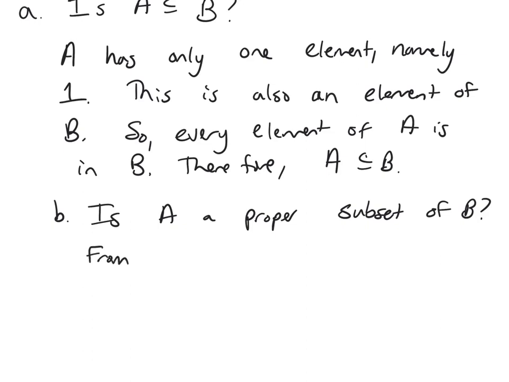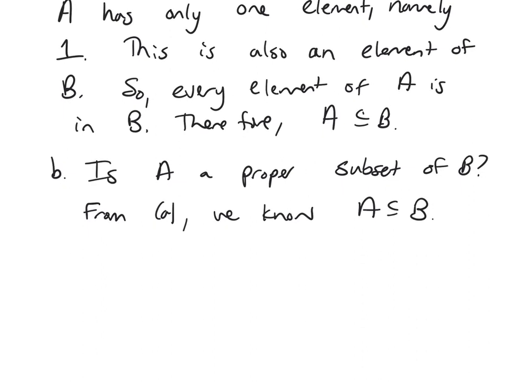From above, we know that A is a subset of B. So our first condition, we have that. Now let's look at our second condition for a proper subset. If you go back to the definition, we need an element of B that's not an element of A.